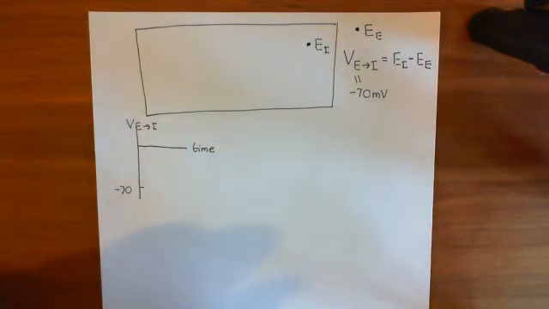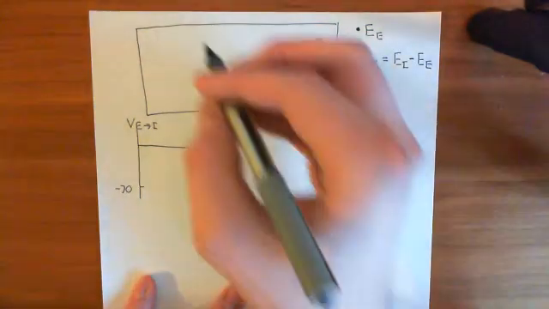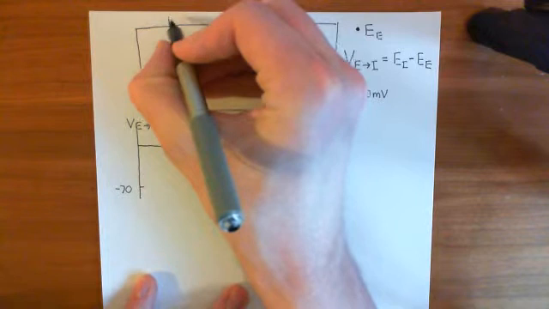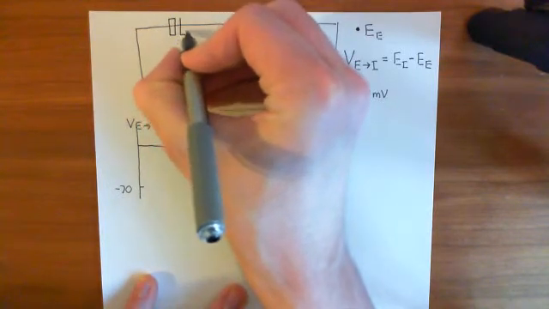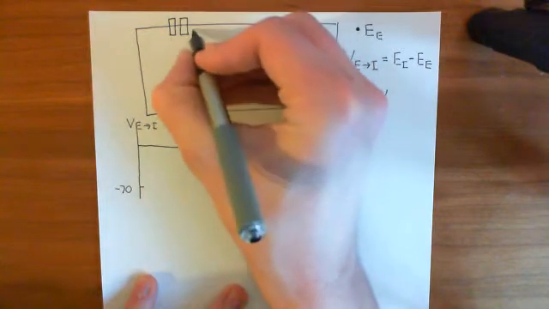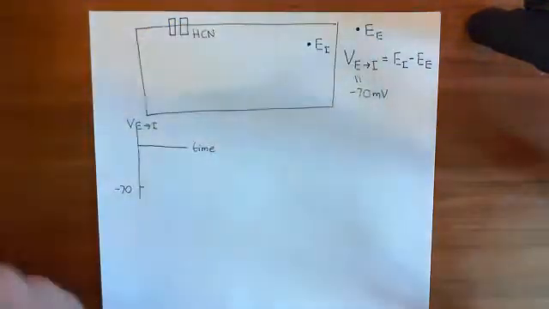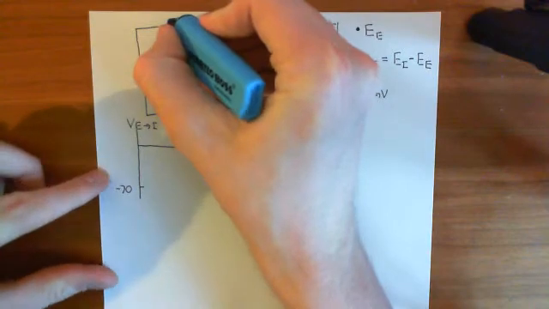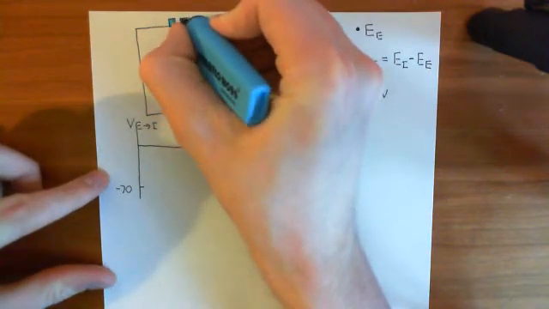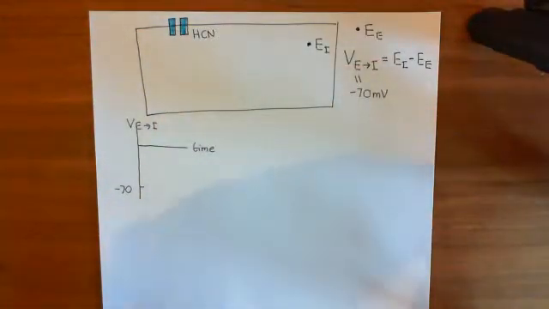Then what will happen is it will activate certain channels in the membrane of this cell. So let's draw one of these channels here. This channel is known as an HCN channel, and I'll tell you exactly what HCN stands for in a moment. I'm going to colour the HCN channel in blue here. Now let's discuss this HCN channel in a bit more detail.